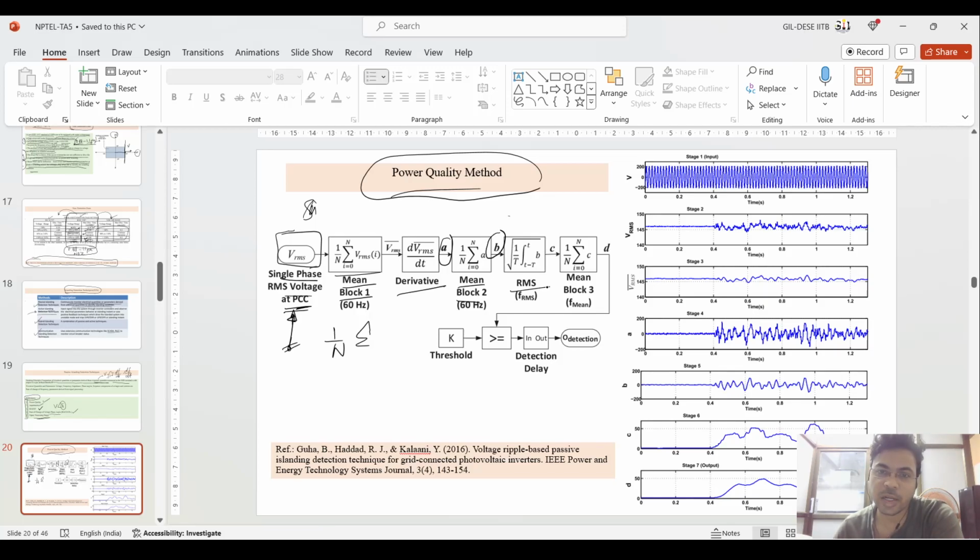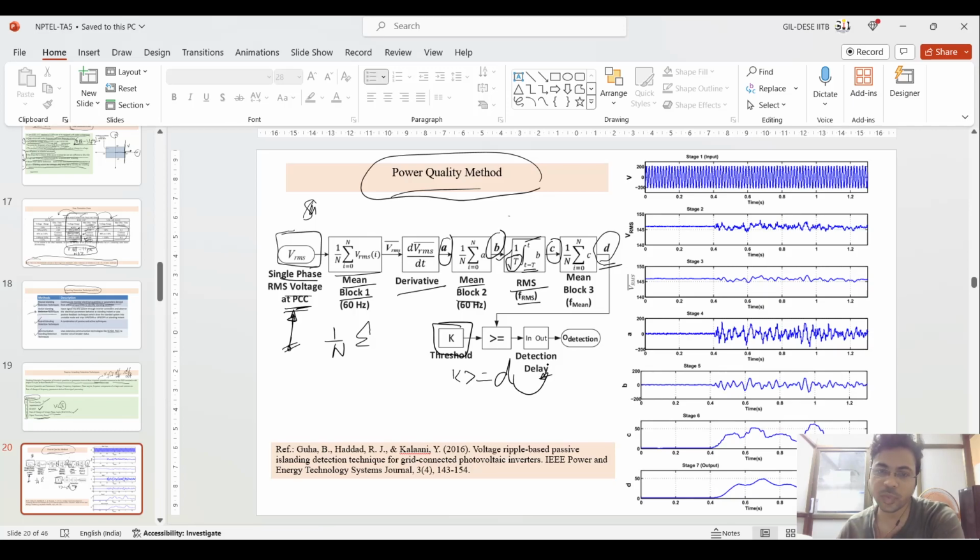Then they take the mean of A again, which they define as B. Then they take the RMS, that is FRMS, of this B, over the time duration T minus T to T, in the whole duration of capital T. And then this is defined as the factor C. Then again they take the mean of this C, and define this as D, and then they have this predefined threshold.